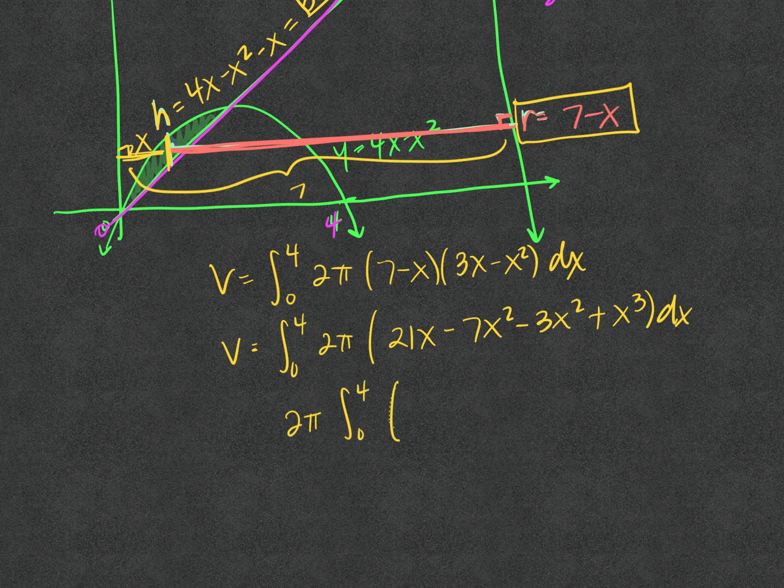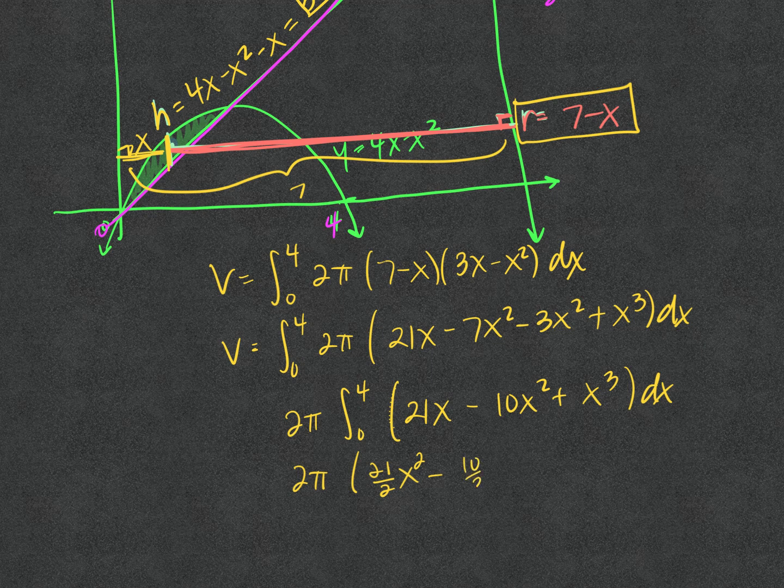So I'm going to say 21x minus 10x squared plus x to the third with respect to x. So we have 2 pi. When we integrate, we get 21 over 2 x squared minus 10 over 3 x to the third plus 1/4 x to the fourth, from 0 to 4.